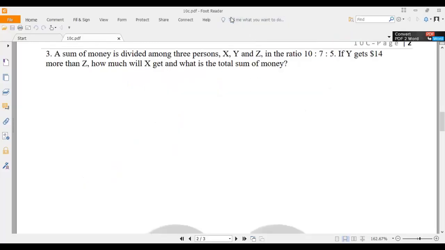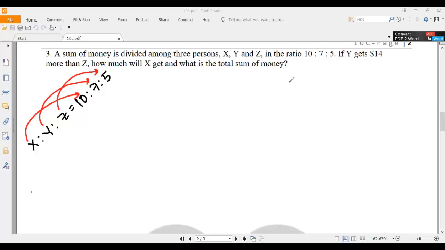Now, question number 3. Question number 3 says, a sum of money is divided among 3 persons, X, Y, and Z in the ratio 10 is to 7 is to 5. That represents that X will get 10 part, Y will get 7 part, and Z will get 5 part.